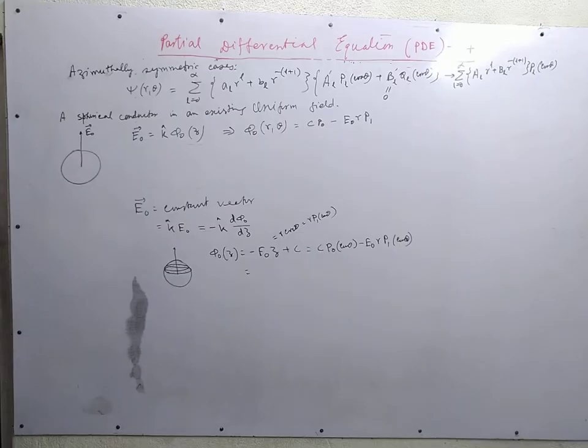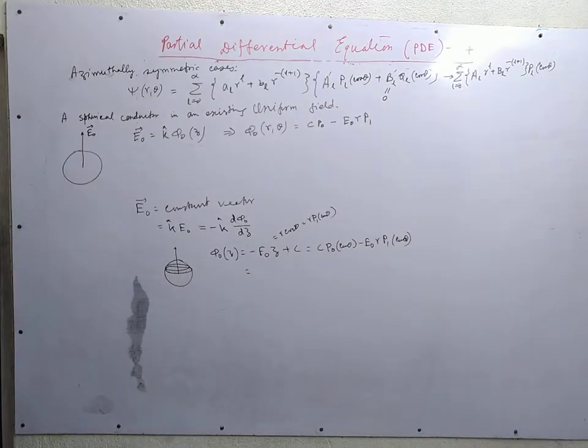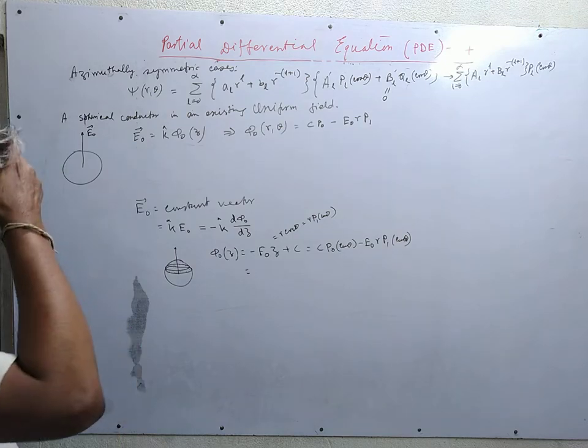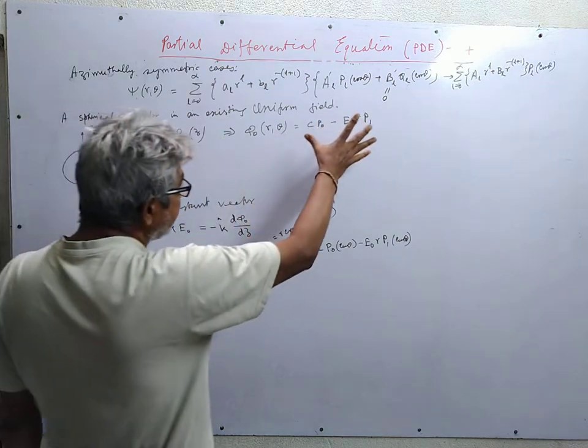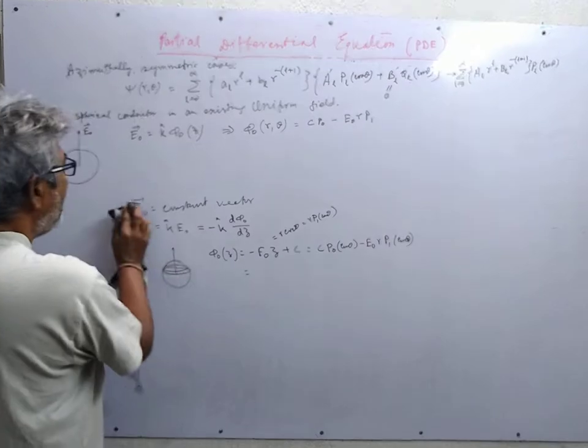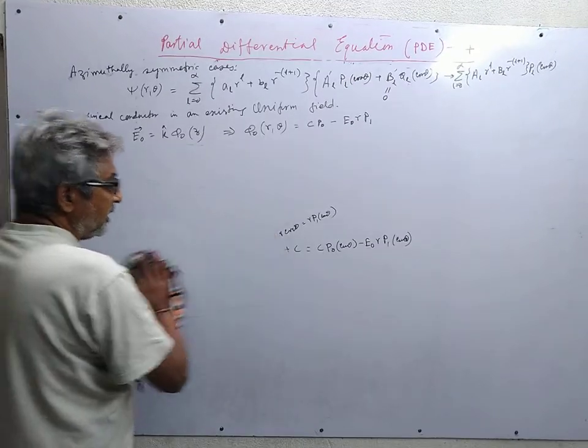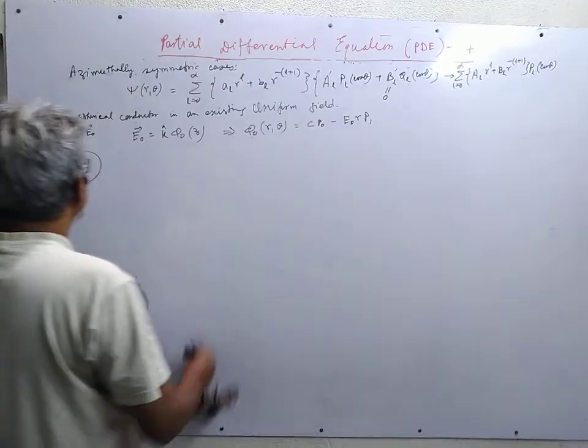This is the potential due to the existing field. If we move far away from the sphere, the potential will be this. Now we come to the solution.